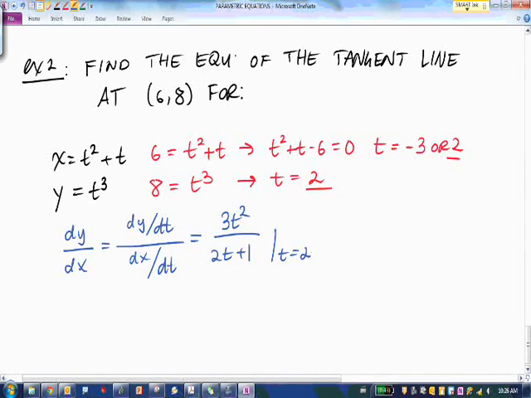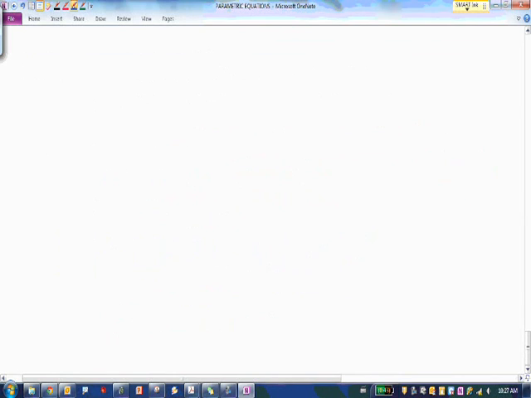At t equals 2, your slope will be 12 over 5. Okay? So using the point-slope equation, y minus 8 is equal to m, which is 12 over 5, the slope, times x minus 6. And that is the equation of your tangent line at (6, 8).